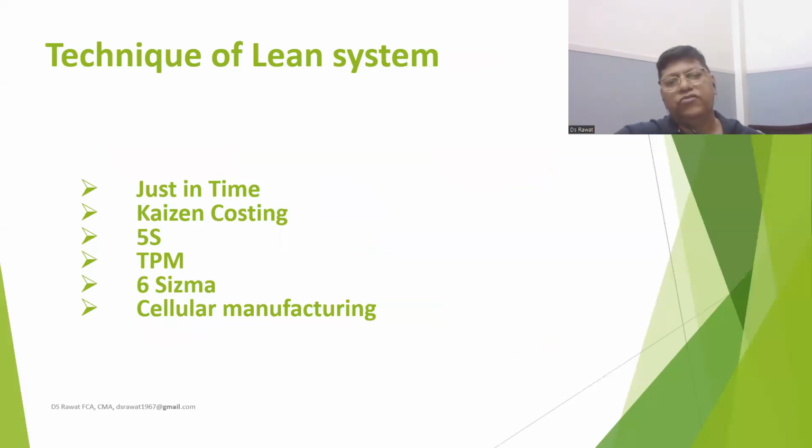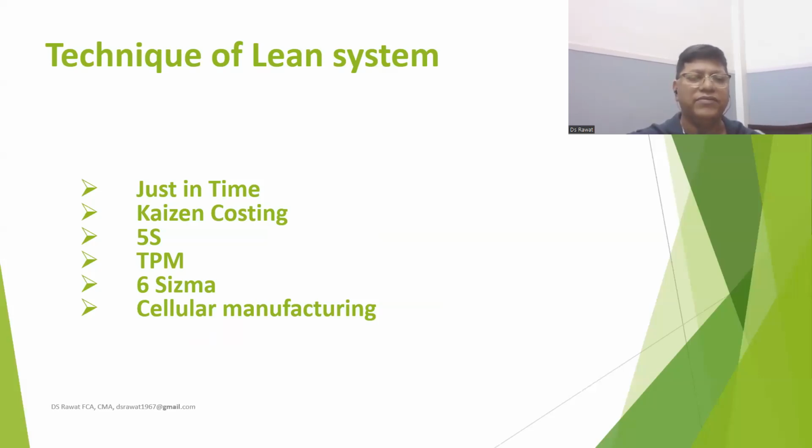And some of the techniques which I have discussed during my brief presentations were just in time. This is consistently being used by all the auto manufacturers in India. Kaizen costing, which is the continuous improvement. First target is to reduce the cost by 20%. And after achieving this target, suppose the target achieved is 18% instead of 20%, then next year 82% becomes the target, and from there further cost reduction is taken.